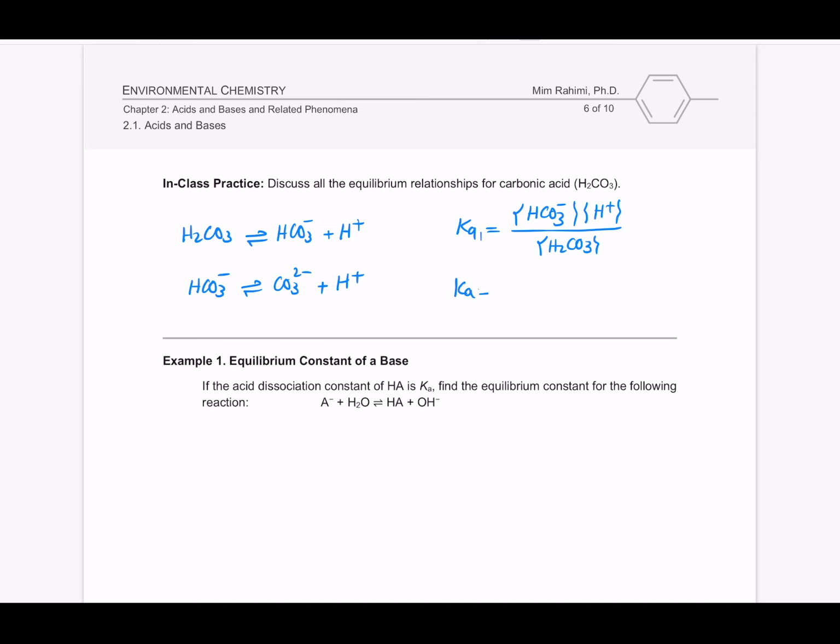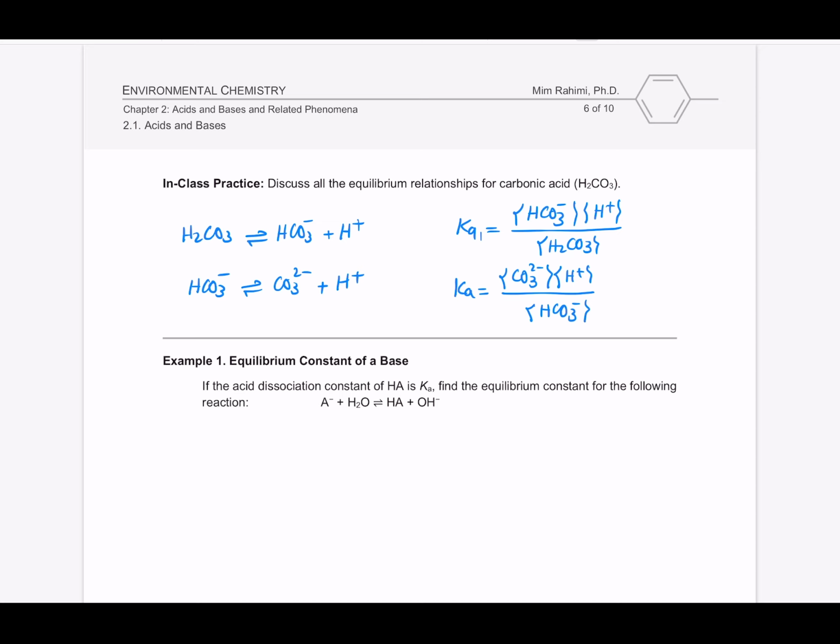Then for the second one, it's the same. So carbonic acid, bicarbonate, and carbonate. A very important diprotic acid, which is also a weak acid.